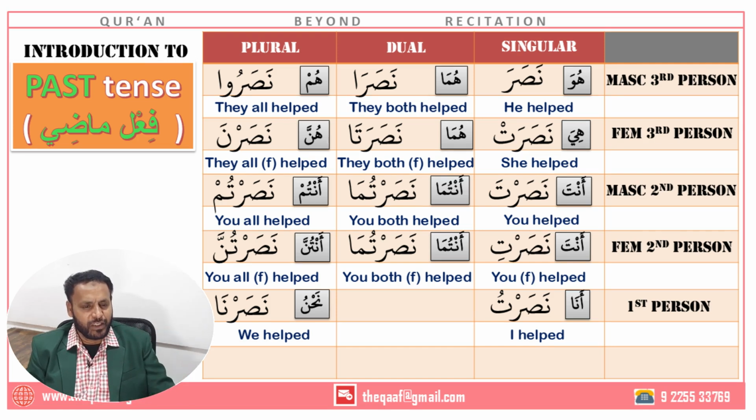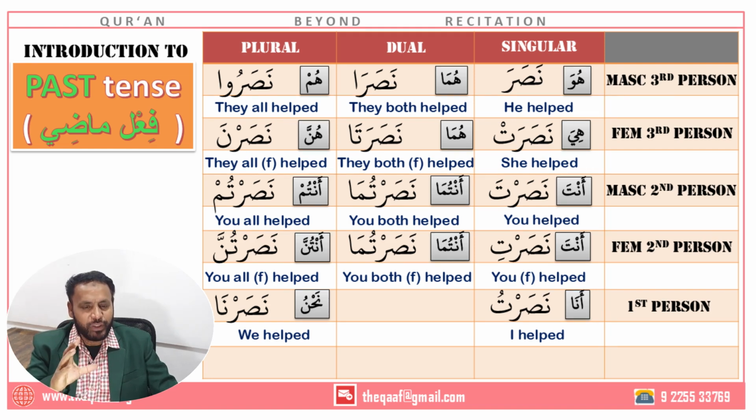Okay. So what are the next 6? Next 6 I don't need to tell you. You automatically will guess it. All you have to do is recall your pronoun table. In the pronoun table at this location, if you recall, the next 6 pronouns are Anta, Antuma, Antum, Anti, Antuma, Antunna.